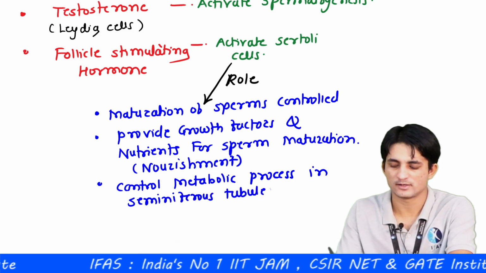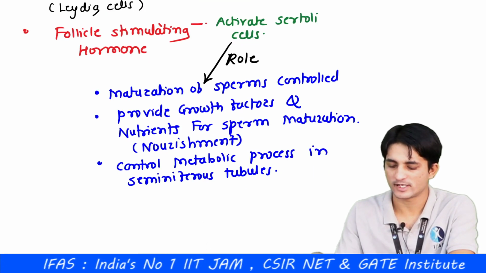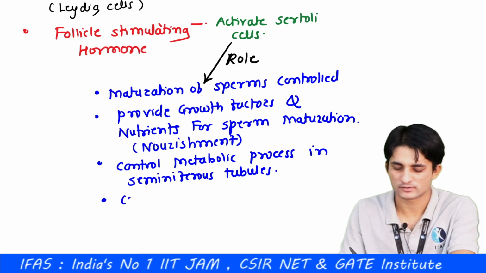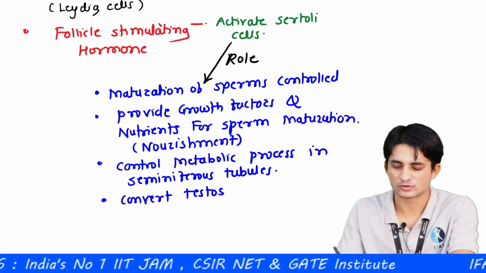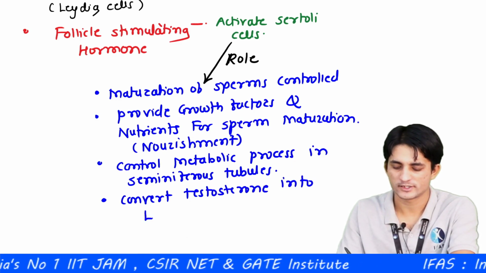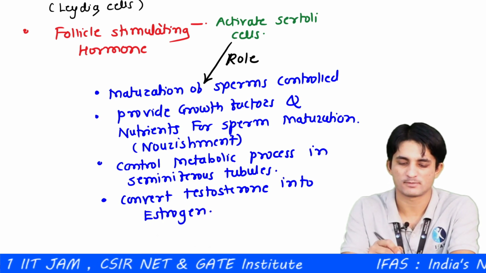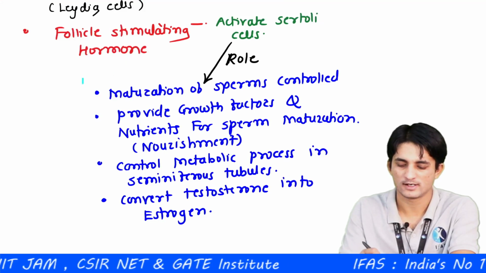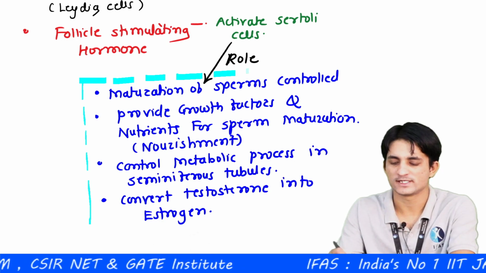That is the major role of the Sertoli cells. Also it converts testosterone into estrogen, which is required for the sperm maturation. So these are all roles of the Sertoli cells.